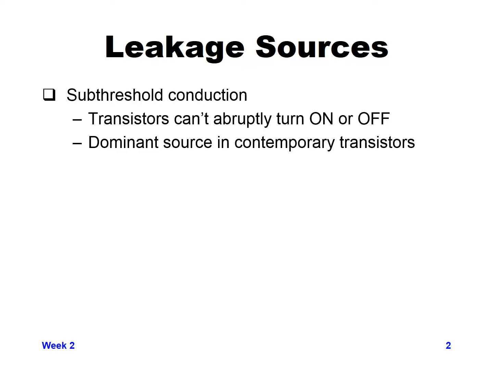They tend to turn on gradually. It might be on a log scale, but it's not an absolute infinite slope. So this is the dominant source in most contemporary transistors.